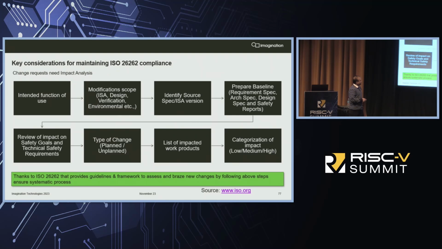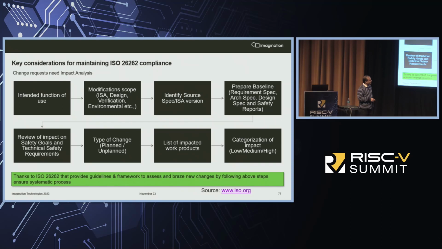Then we have to categorize the change that we are trying to do, whether it is a planned change or an unplanned change. And we have to list all the work products that get impacted due to any change, whether it is the code that gets modified or the scripts; the documents need to be very well understood.